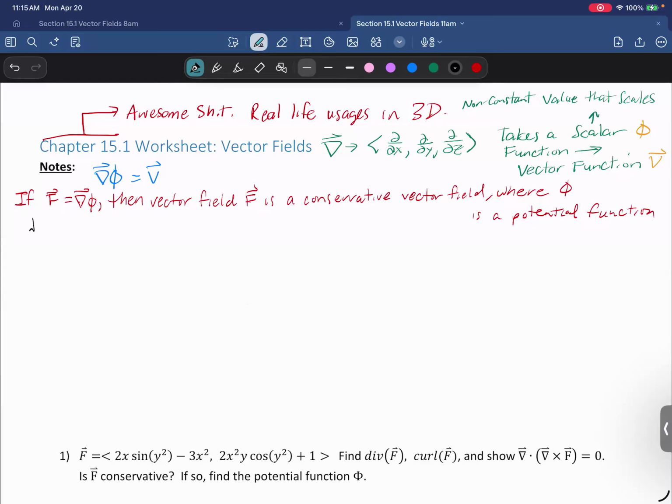We have something called the divergence of F, div F. What that is: you take the del operator and you dot it with F. And we also have curl F. This is where we do the cross product of the two.